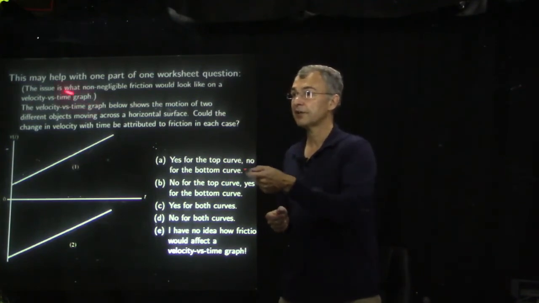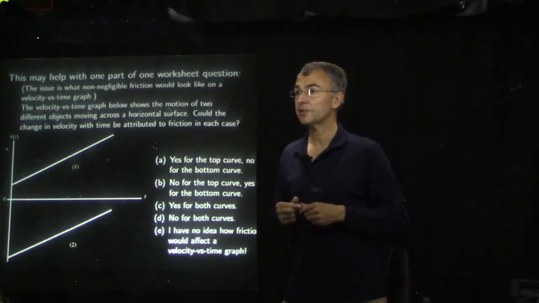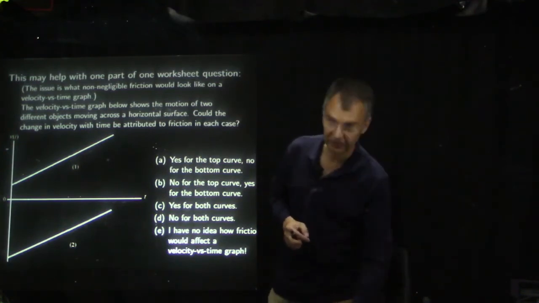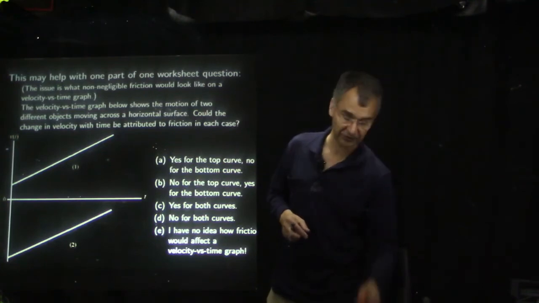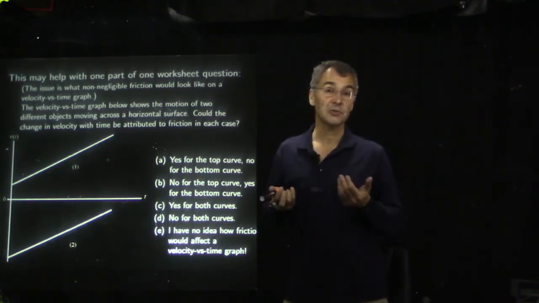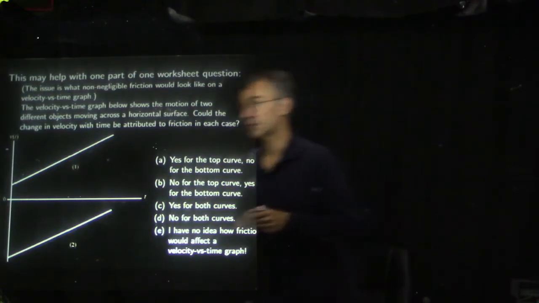And you'd say, okay, the velocity versus time graph below shows the motion of two different objects moving across a horizontal surface. Could the change in velocity versus time be attributed to friction in each case? We don't know anything about friction yet in this course, really, except we know that friction tends to slow things down with respect to one another. That's all we know at this stage.